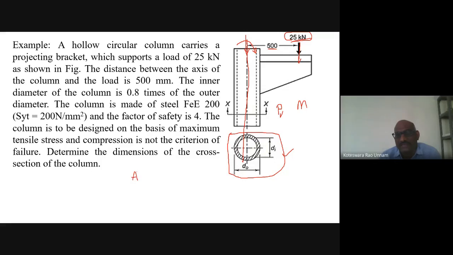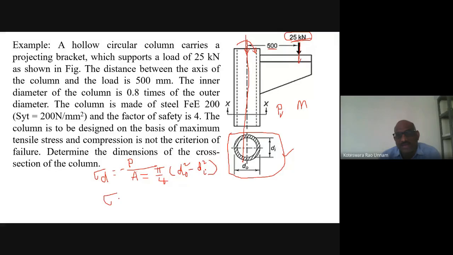Direct stress is P by A, which is nothing but π by 4 into D naught square minus Di square. So this is the formula for the area of the cross section, and then you will get P by A, the direct stress sigma D, which is a negative quantity here.